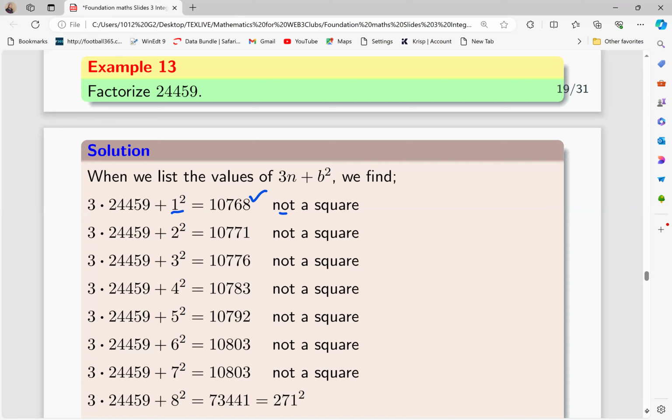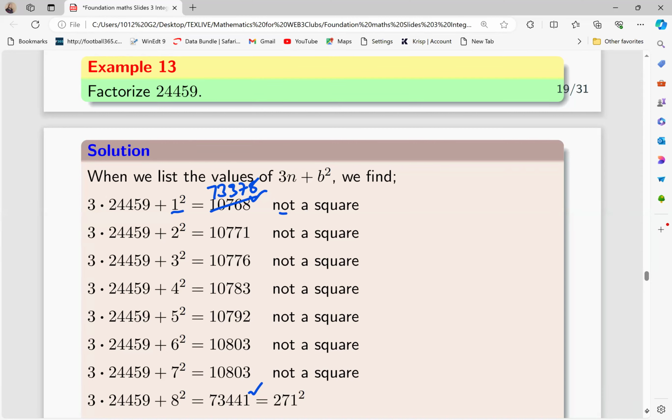Confirm the first one. 3 multiplied by 24459 plus 1 is, oh, yeah, I didn't check. These numbers are not correct. Only 1 is correct, this one. This one is supposed to be 73,378, which is not a perfect square.